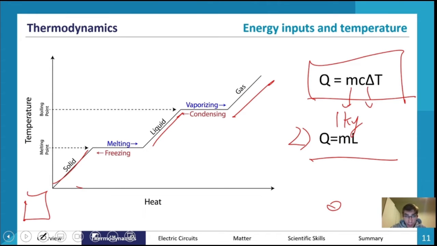Given the specific heat capacity of the ice cube, for each unit change in the temperature of the ice cube, not the room temperature, but the temperature of the ice cube, this is what this change in temperature is about. For every 1 degree Celsius that the ice cube is gaining, the more energy it is absorbing.